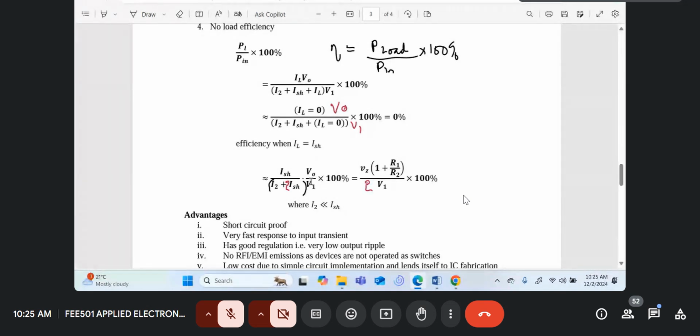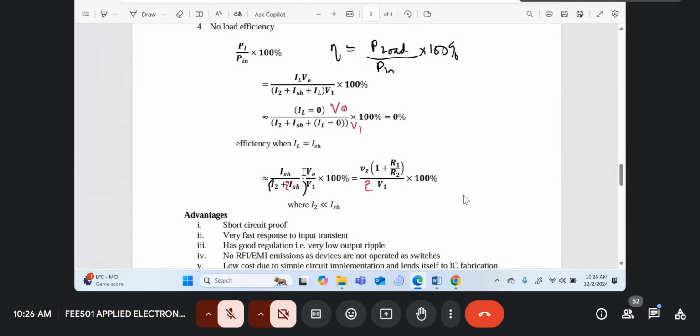And then instead of V naught, we derived V naught as equal to Vz into brackets 1 plus R1 over R2. And therefore, the efficiency of the circuit when I shunt is equal to IL is Vz into brackets 1 plus R1 over R2, all divided by 2V1.